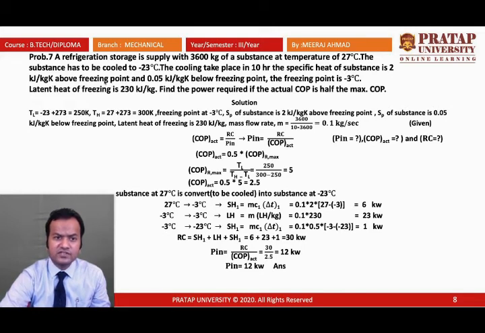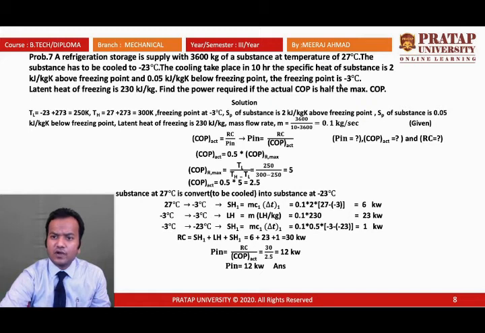The specific heat of the substance above the freezing point is 2, and below the freezing point it is given as 0.05. I think this is 0.5.